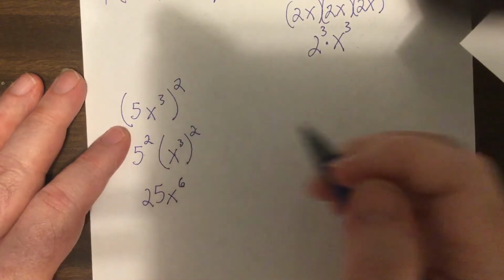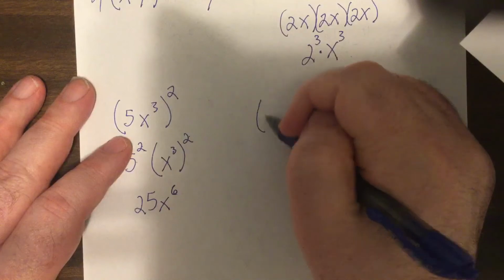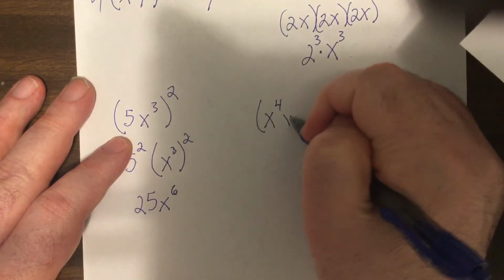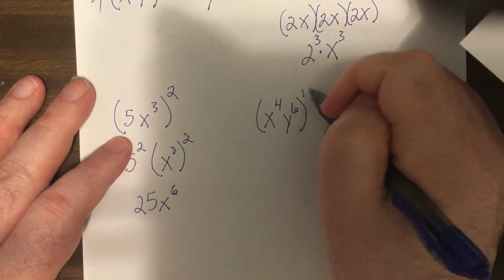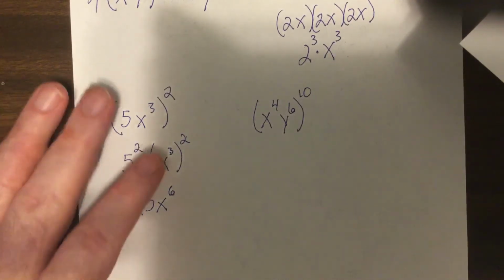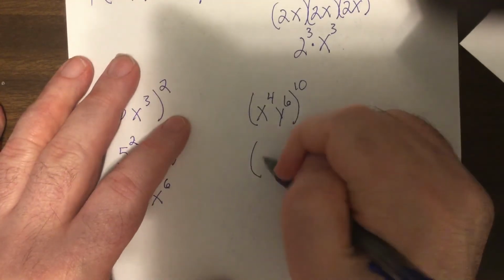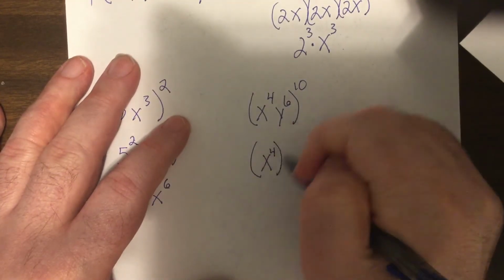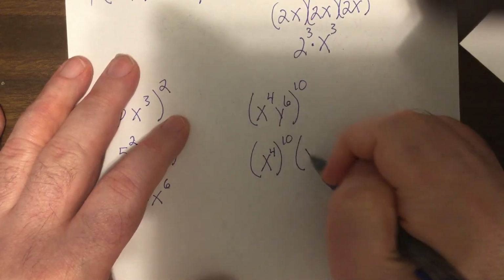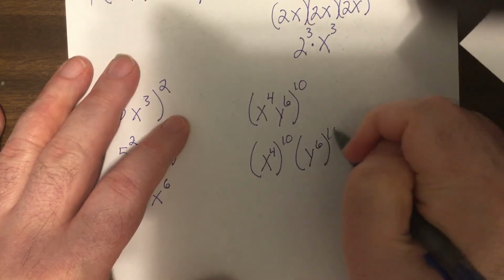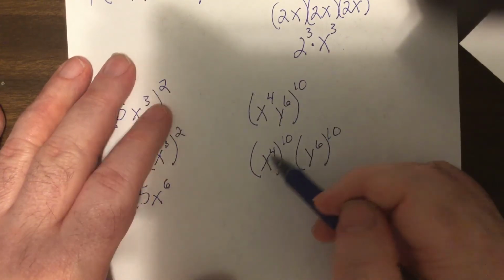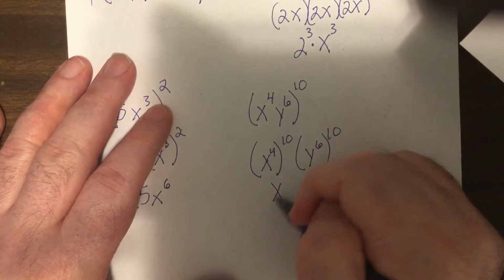You multiply the powers. So if I said x to the 4th, y to the 6th, to the 10th power, that would mean x to the 4th to the 10th, y to the 6th to the 10th. The rule says a base to a power, you multiply.